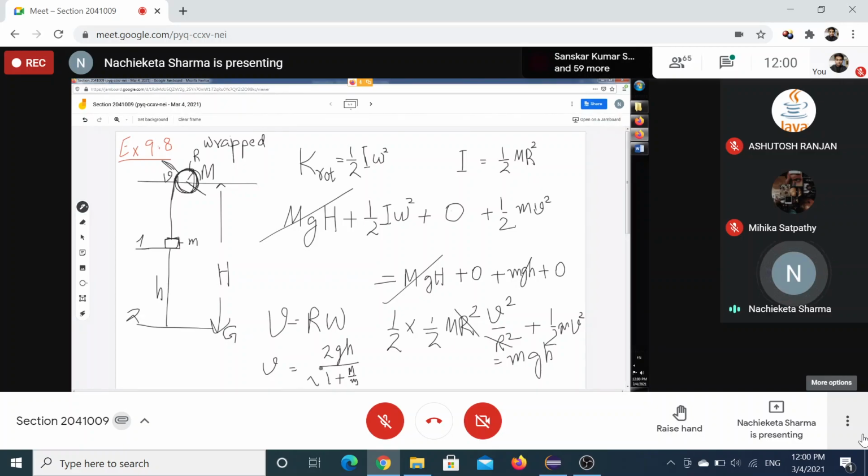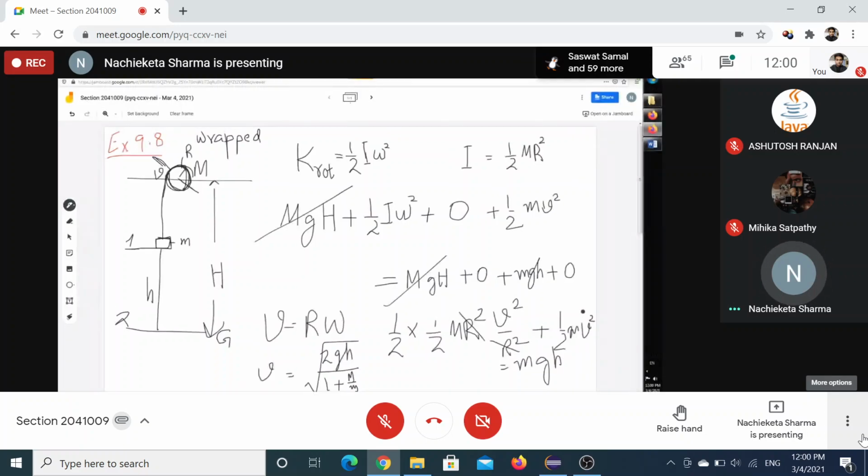This is how you will get your velocity, because we divide throughout by small m. So this small m gets cancelled, here you will get M by m. Then multiply by 2, so this 2 gets cancelled, and here you will get 2gh.